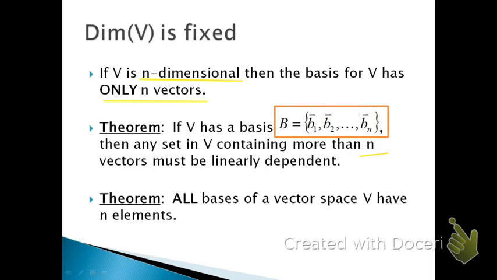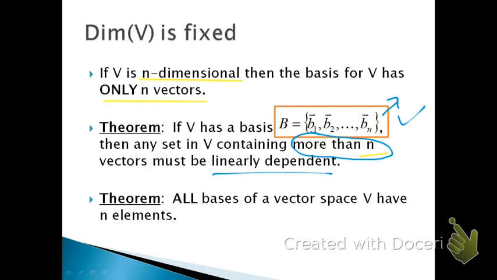If we add more vectors to this basis, of course, the basis we have here has n elements in it. To form a basis, all these vectors b1 through bn must be linearly independent. So if we add any additional vectors to this, then of course it has to be linearly dependent, because anything we add will have to be a scalar multiple or some linear combination of what we already have in the basis.